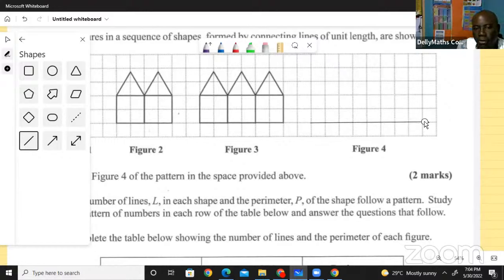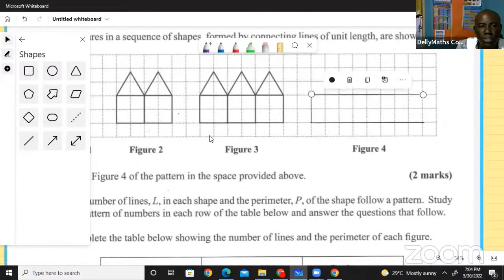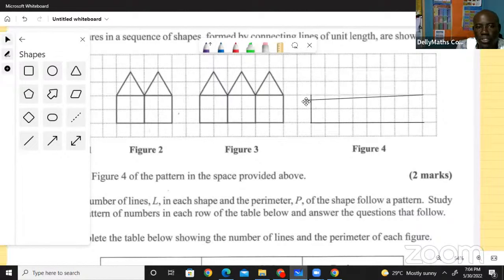I think I'm going to get about 4 of those. I'm trying to draw it quickly so we don't take up so much time. So you take your ruler and you draw, just like how I'm drawing right now. You just take your ruler out and you do your nice drawing. You collect your marks.